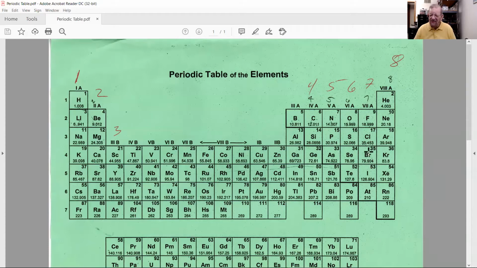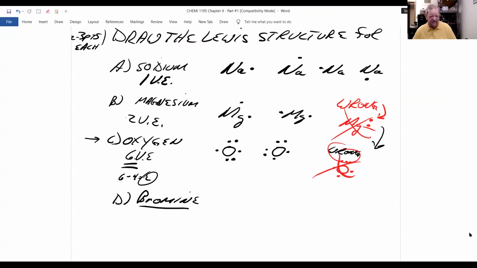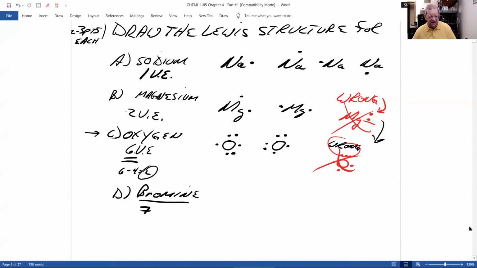This is the atomic number that tells you all electrons, but for the valence electrons, you look at the top, Roman numeral VII is 7, which I also have in red, and therefore bromine has 7 valence electrons. Put the chemical symbol down, and now I'll give you some time to do that on your own first.